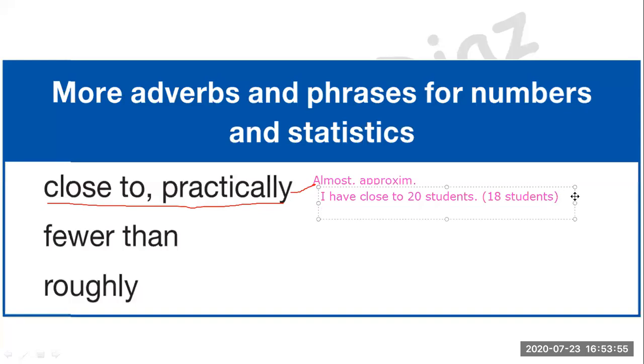I have practically 20 students. It's the same. So those words are very similar. Close to, almost, exactly. All of that is the same.